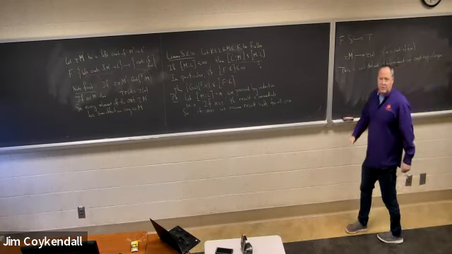We say E is a stable intermediate extension if sigma(E) is contained in E for all sigma in the Galois group.